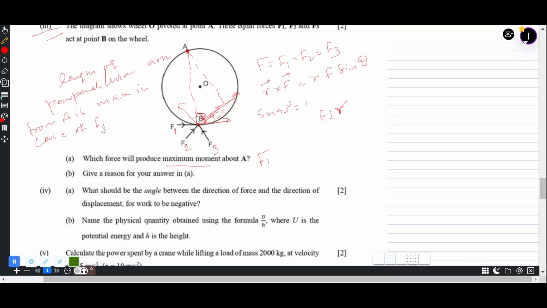Now next one. You see, in case of F3 the length of the perpendicular arm will be this. In case of F2 this was this. F1 this was the case.